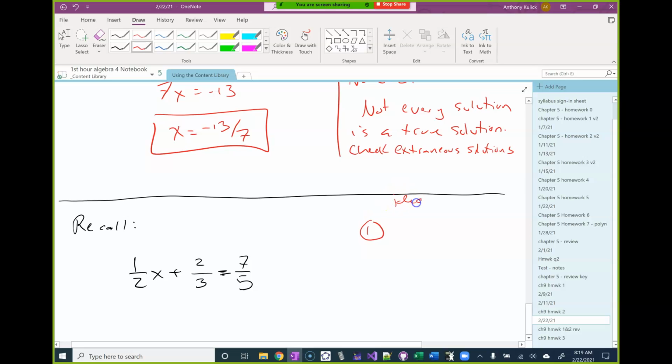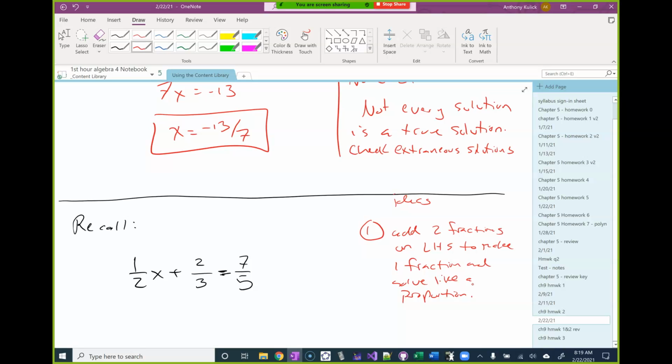So some ideas on what we can do. One idea is we could add those two fractions on the left-hand side to make a single fraction, which would mean we'd then have a proportion, so we could solve that like a proportion.